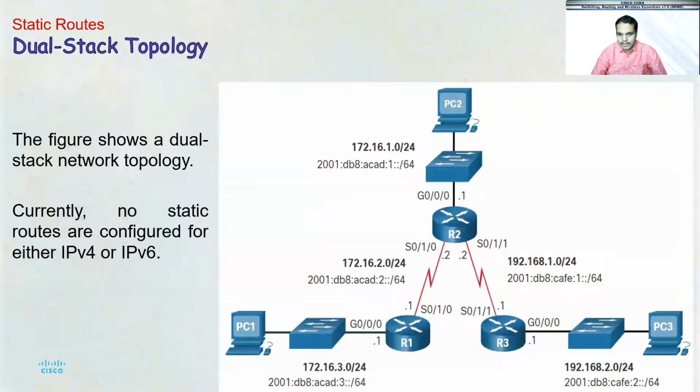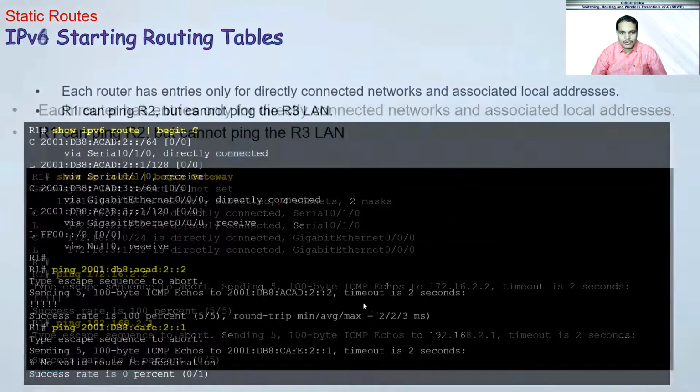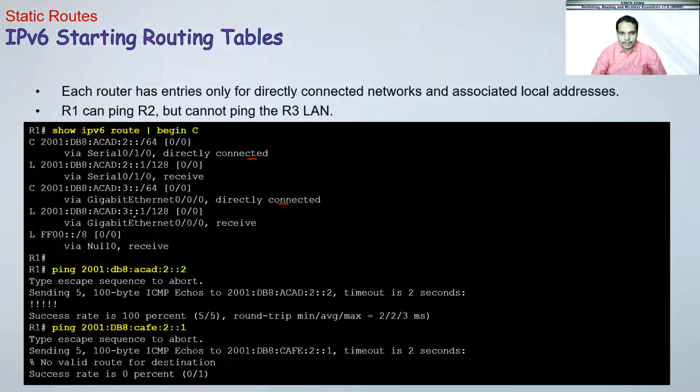You can see the IPv6 network addresses directly connected to R1, and similarly in this address we need to put it in as ::1. Once again, we can try to ping R2, which is a success, and if you ping R3's LAN, it is a failure. So these are the starting routing tables, which only contain the entries of your directly connected networks.